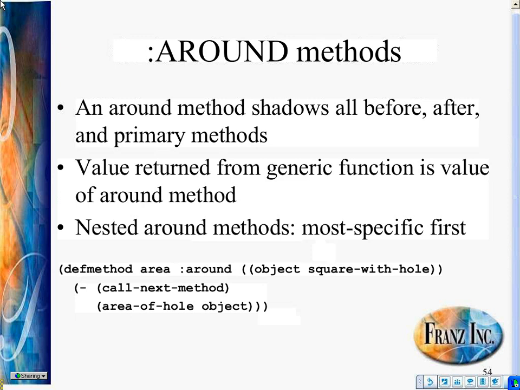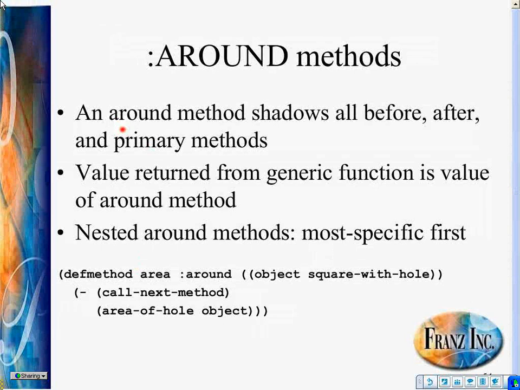So when you have an around method, it is called, and if it does something, whatever it does, unless it explicitly tells you to start calling some more of the methods, as we will show, it can prevent any other methods from running. So an around method shadows everything.